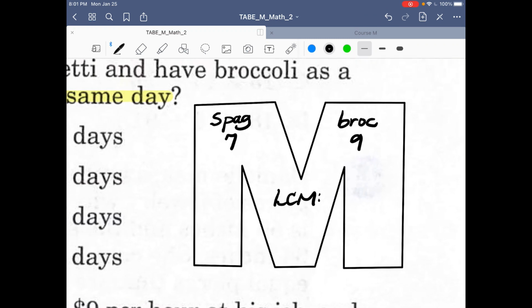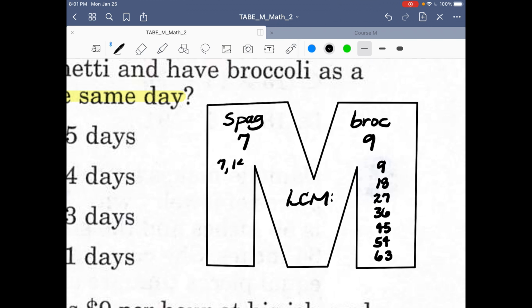Going to start with the broccoli. 9, 18, 27, 36, 45, 54, 63, that looks good.